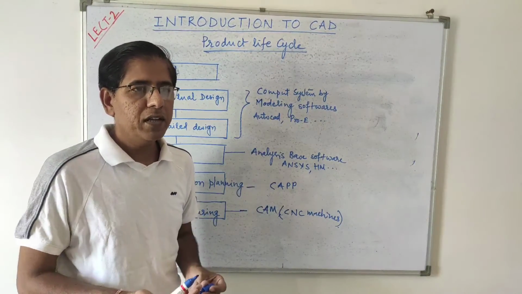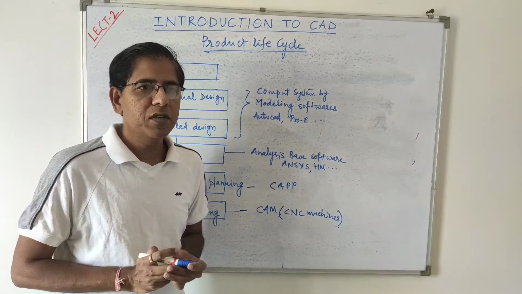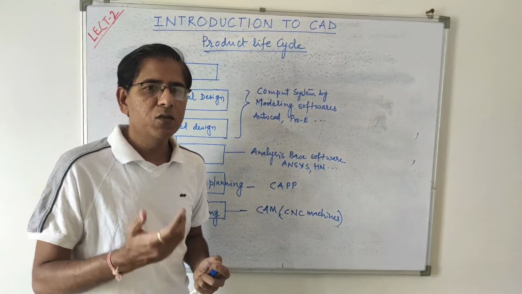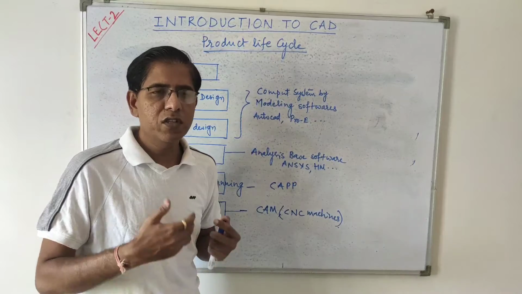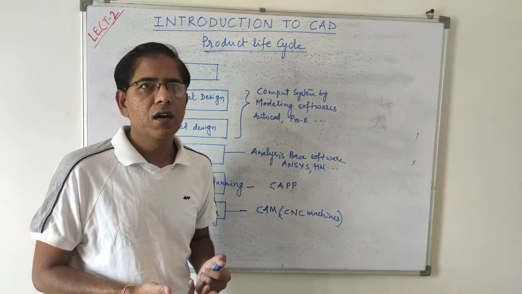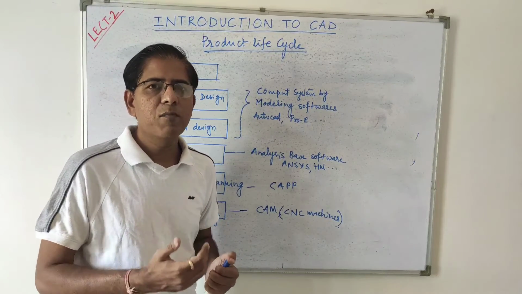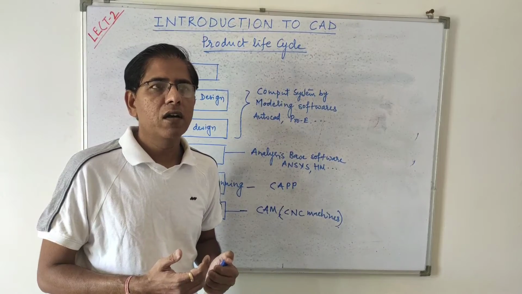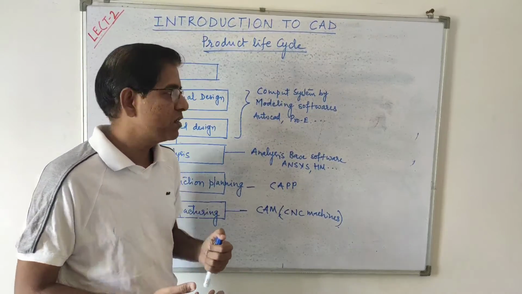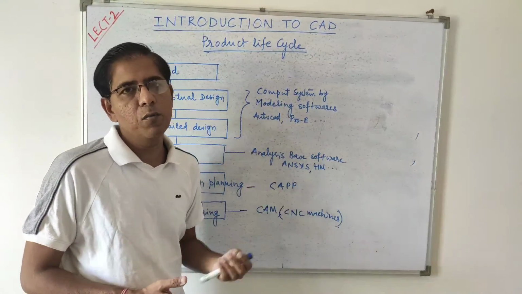Now, by implementing a computer system in product life cycle, it reduces the production time, it reduces the production cost, it reduces the manpower requirement. So there are n number of benefits of implementing a CAD into the product life cycle.